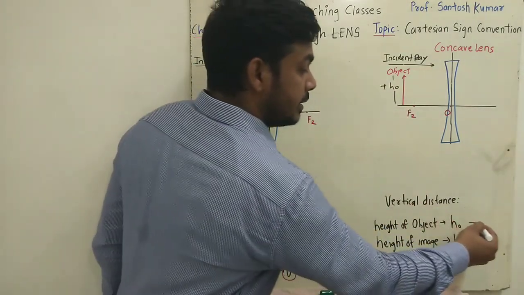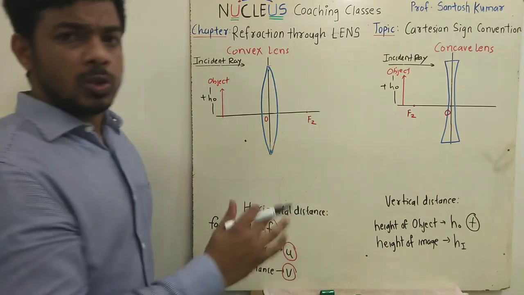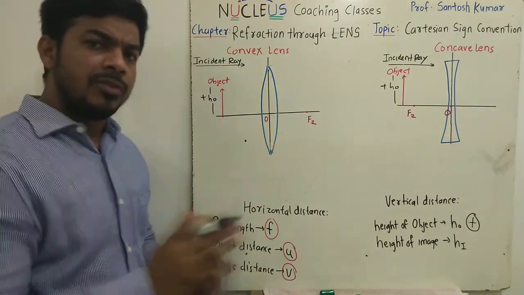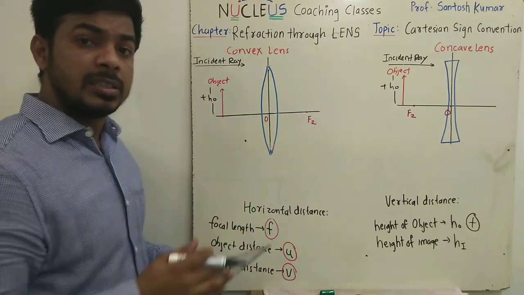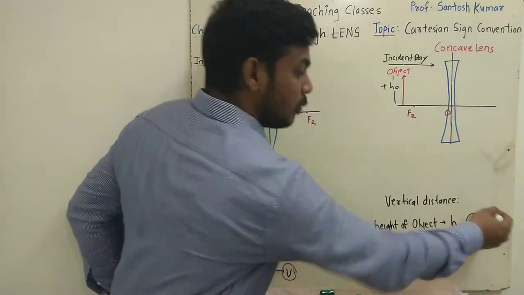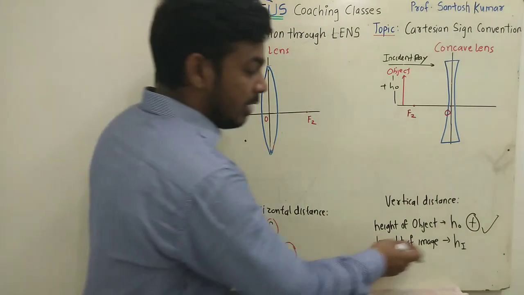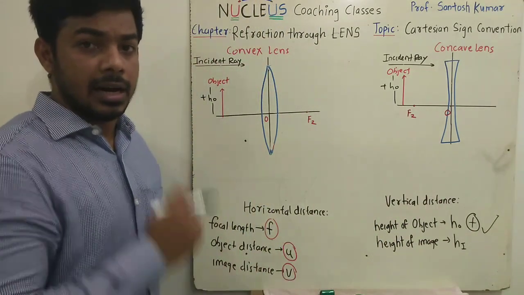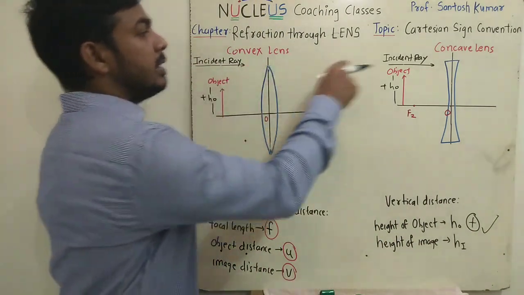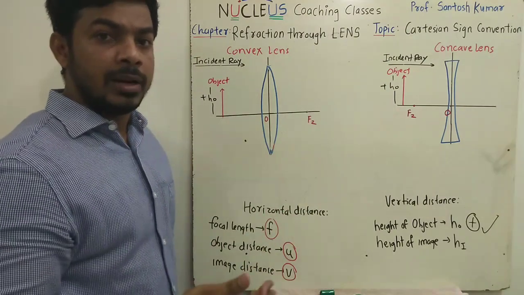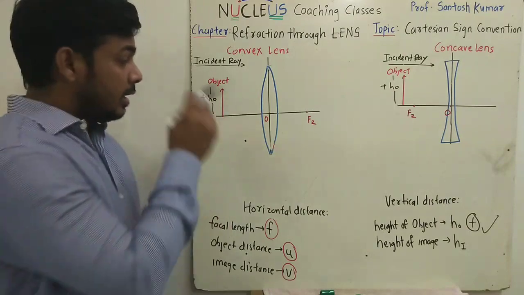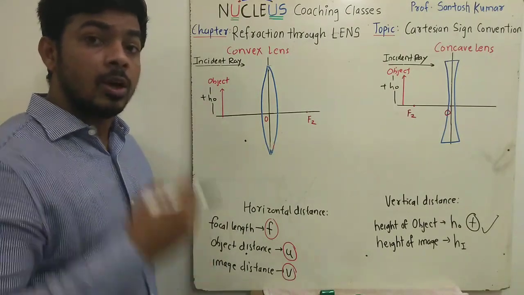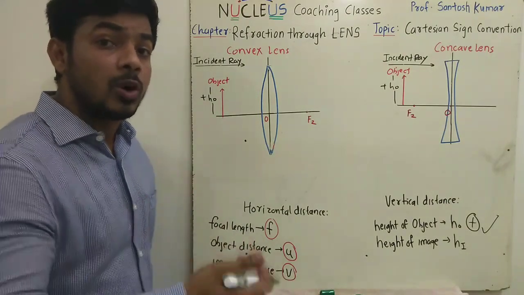So remember, for every example we will keep an object which is perpendicular to principal axis and above the principal axis, so height of object will always be positive. And then we talk about height of image HI. Okay, so this being the direction of incident ray, I have already explained to you that object is always kept on the left hand side of the lens. Now this language is called object kept in front of the lens.